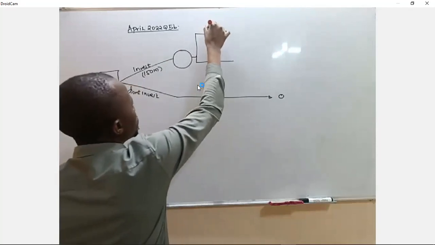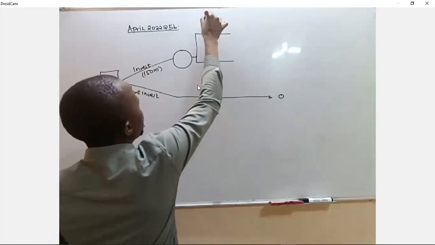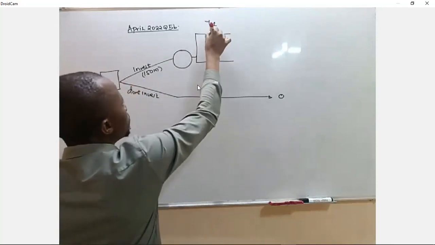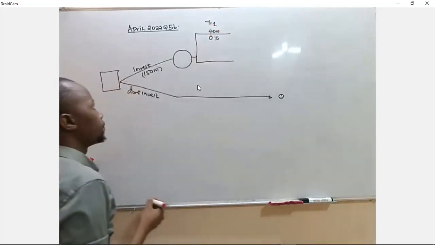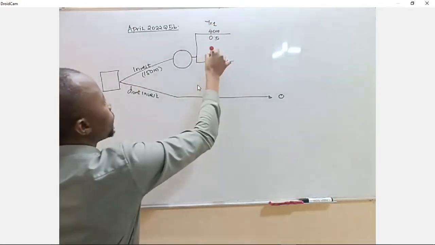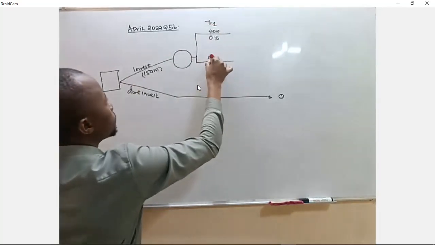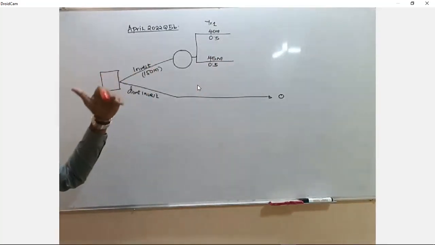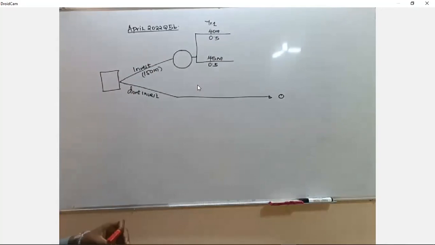We are being told in year 1, you can get 40 million. The probability of getting 40 million is 0.5. The probability of getting 45 million is 0.5. We have an equal outcome there. You may get 40 or 45 million.